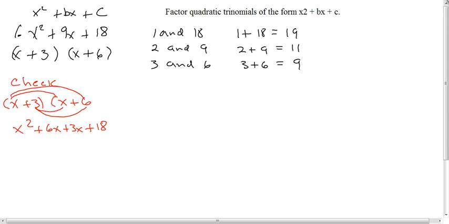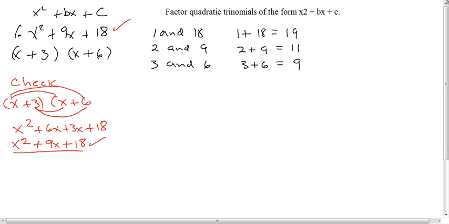As we notice, we have like terms in the middle, so let's add our like terms. 6 plus 3 is plus 9x, plus 18, and it does indeed check to our original statement.